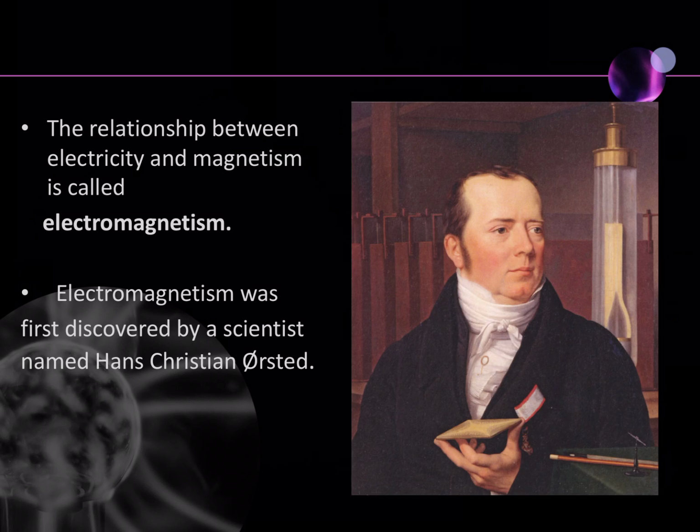The needle would start moving towards the current. And he then tried this experiment several times and saw that all the times the needle of the compass would move towards the current, creating a magnetic field.